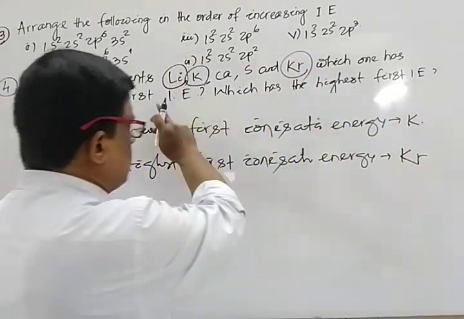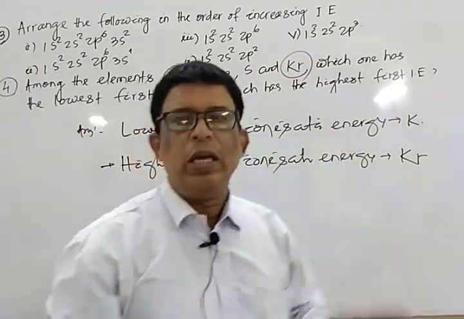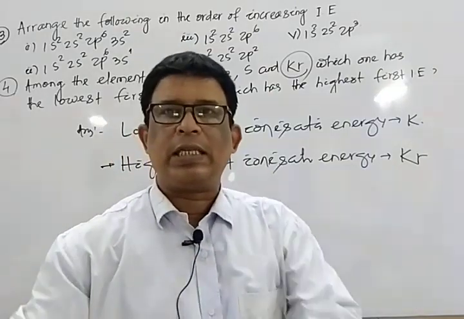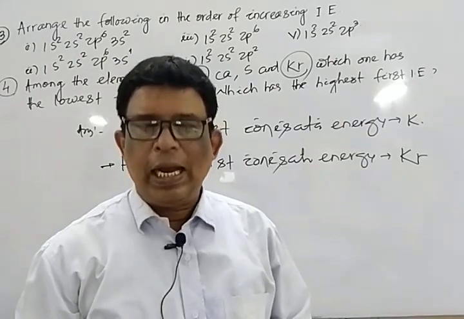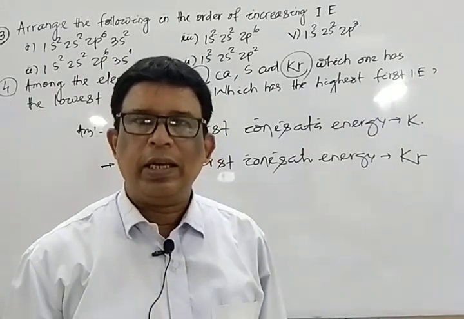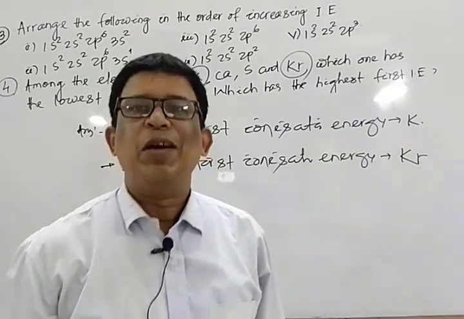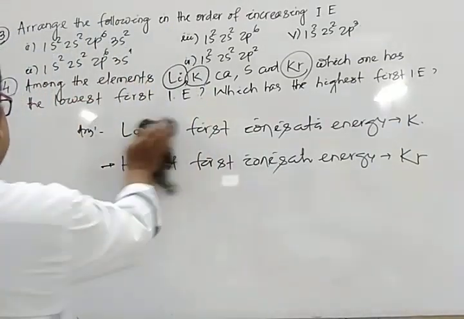Because in this comparison, krypton is at the right-hand side of the periodic table. We know that while moving across a period, ionization energy gradually increases. Move to the next question. Mark that.